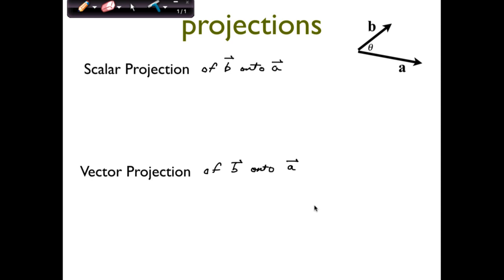Okay, so we're doing B onto A, the scalar projection of B onto A. And so what is that? That's the length. This is a scalar. So since it's the scalar projection, it's the length.